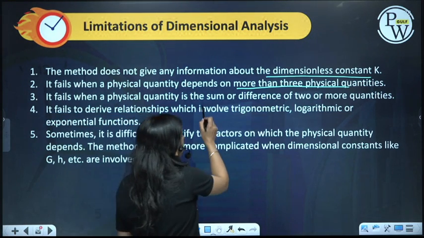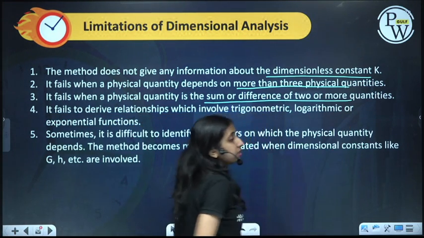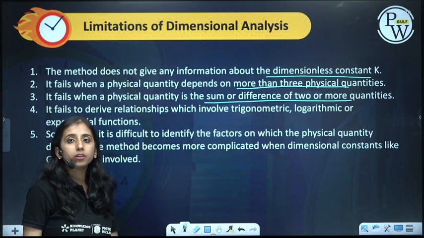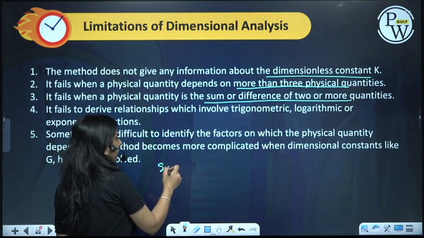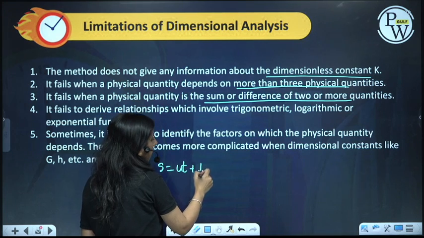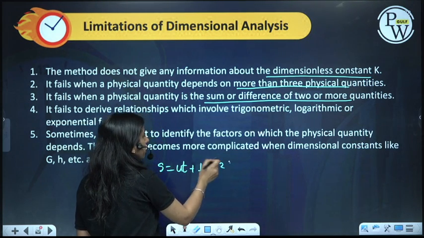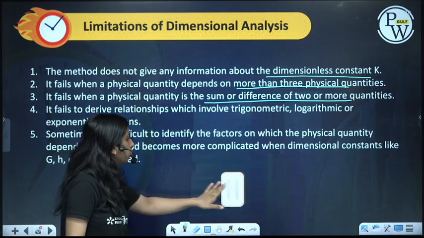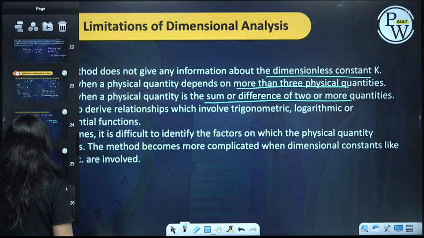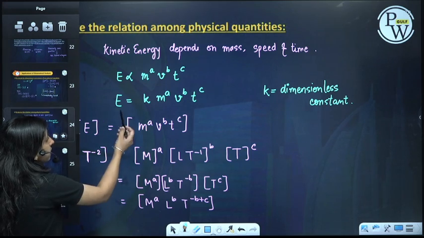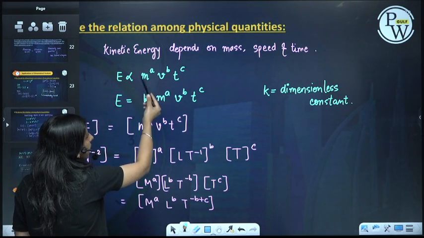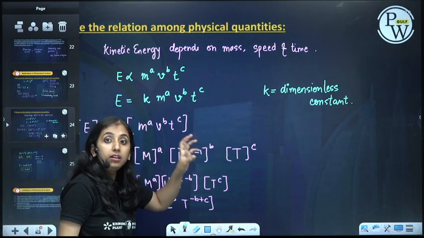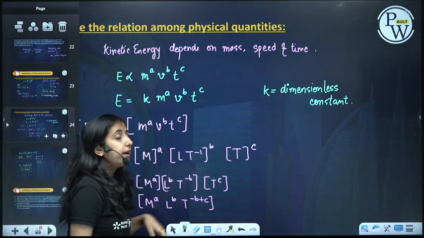And when we have an equation in the form of a sum or difference of more than 1 term, just like S is equal to ut plus half at square, such equations cannot be derived because we always assume the equation to be in multiplication. See, we assumed E is equal to K m raised to the power a multiplied by v multiplied by t.